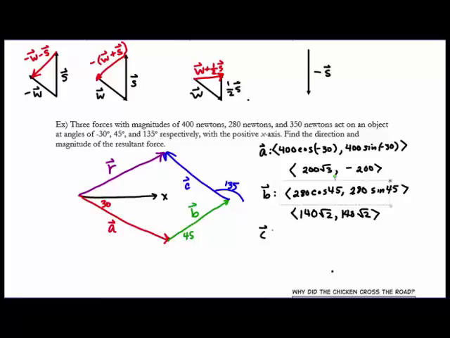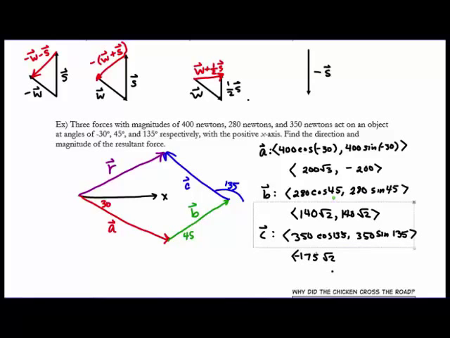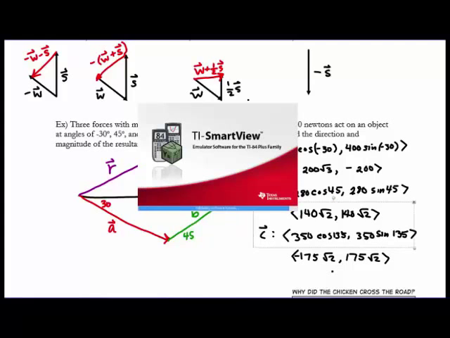And then for C, I am going to have, what's that last one? 350 cosine 135 and 350 sine 135, which is going to be 175 root 2, but negative, and positive 175 root 2. So I need to add all of these things together, so I'm going to pull up my calculator here and do that.